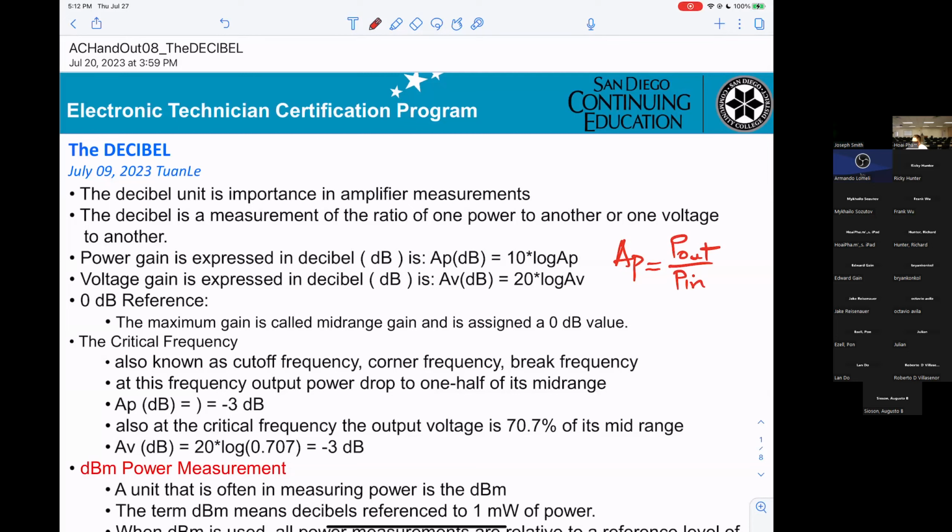Or voltage: voltage gain means AV, which is V out divided by V in. Okay?